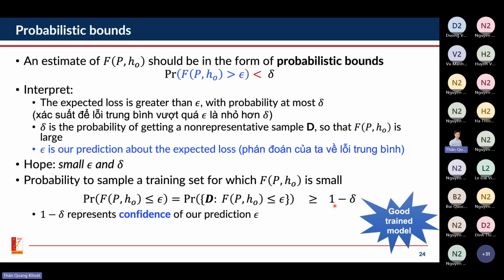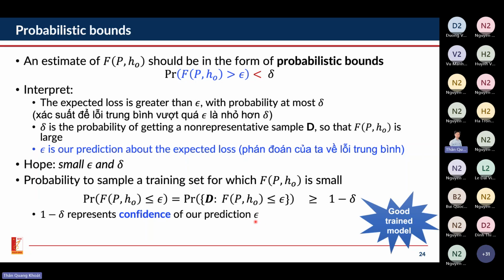Okay, so this is what we need to show when we want to have a reliable assessment about a trained model. And sometimes we say that this quantity is a confidence, right?